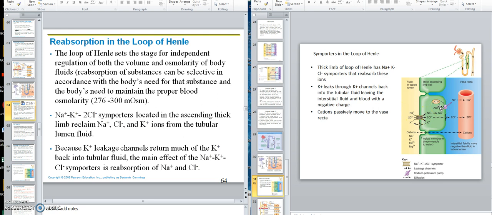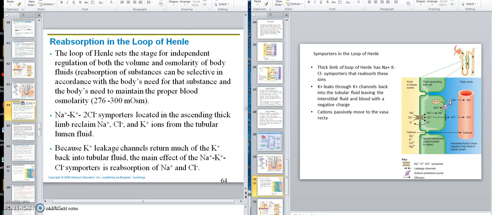And what it can do is, the design of this symporter right there, look at that, will allow 2 chlorides to come in and a potassium. See, that doesn't change the charge, because if I bring 2 positives, I bring 2 negatives. You see what I'm saying? So therefore, sodium can be reabsorbed here.